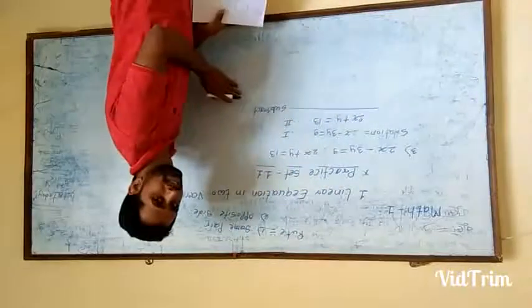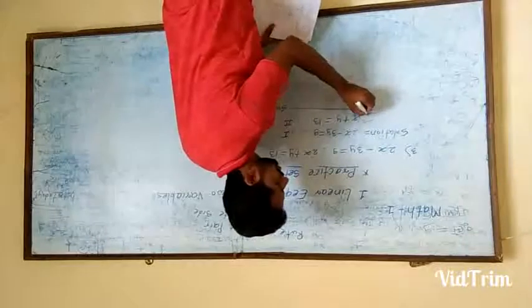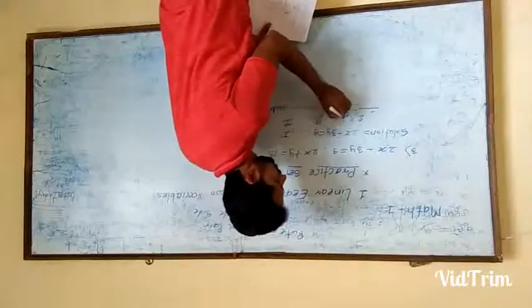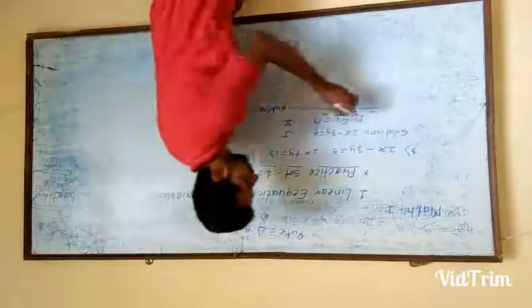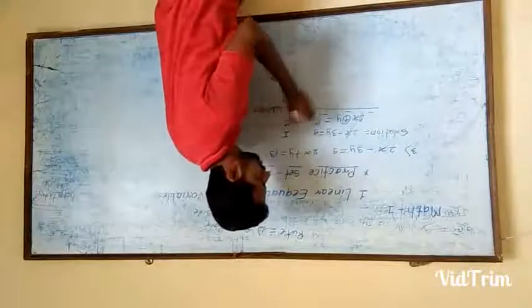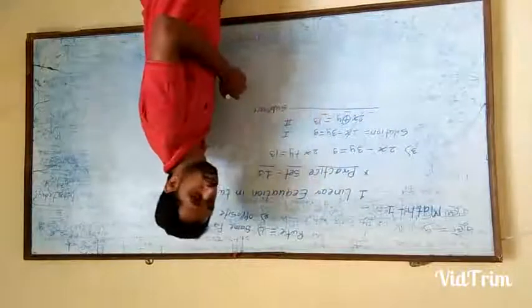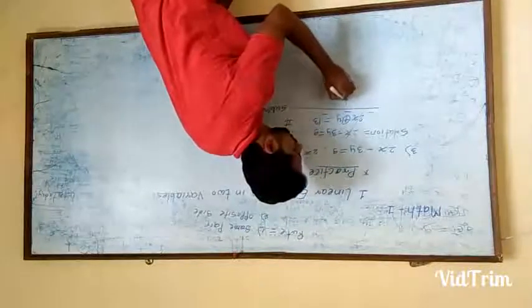Whenever we subtract, the sign is also changed. So change the sign: plus becomes minus, minus becomes plus. Minus minus converts to plus. So 3y plus y means 4y.